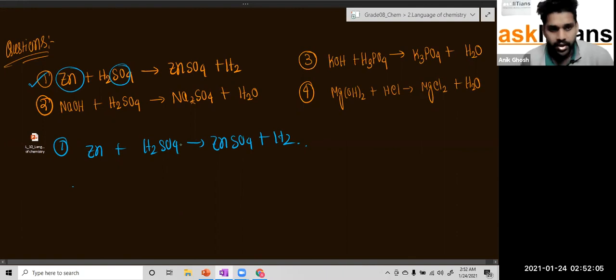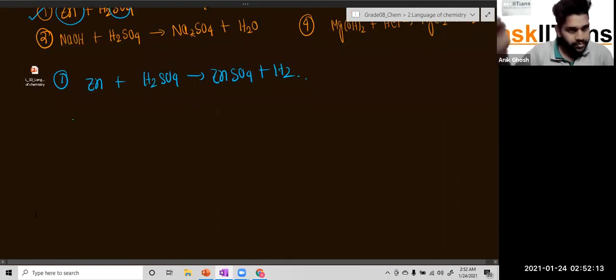Now how to balance this chemical reaction? Let's see. The thing that you have to do is make some boxes around it.